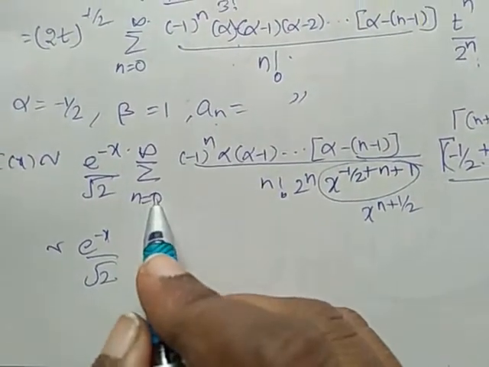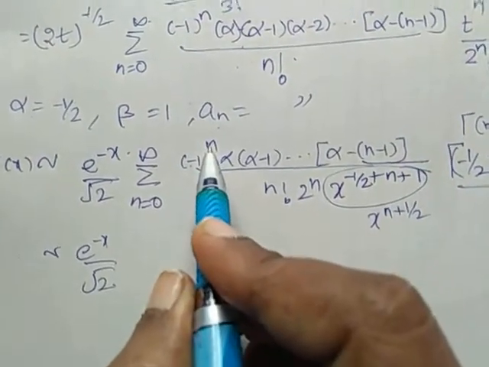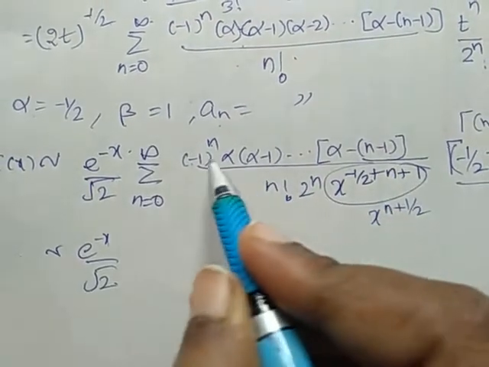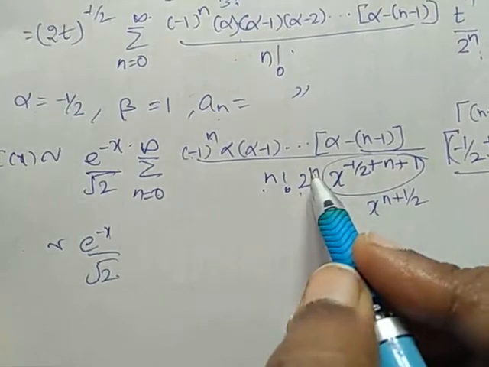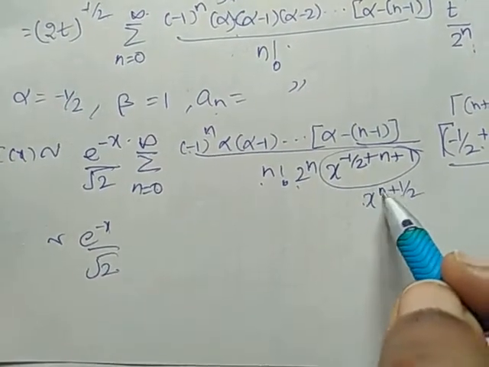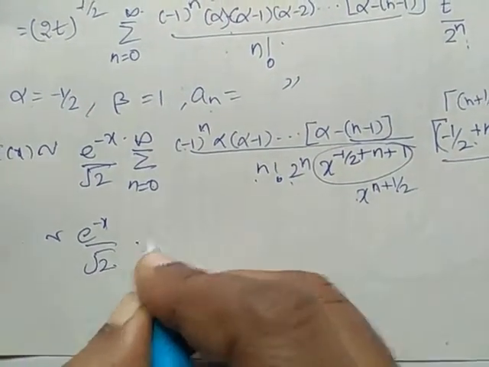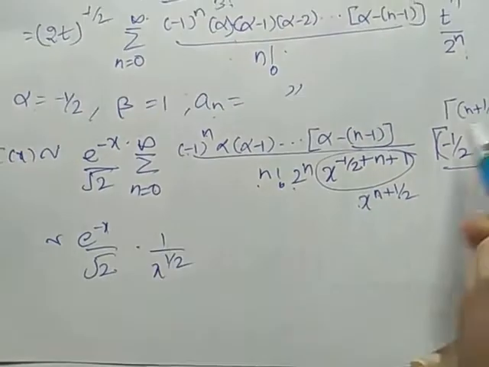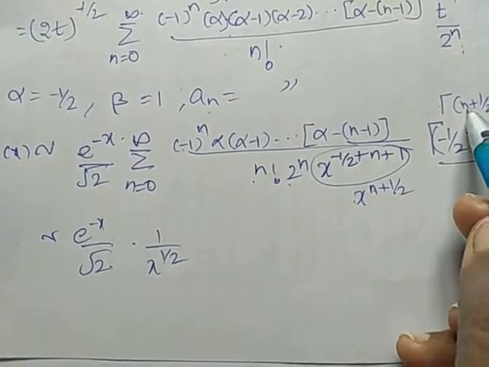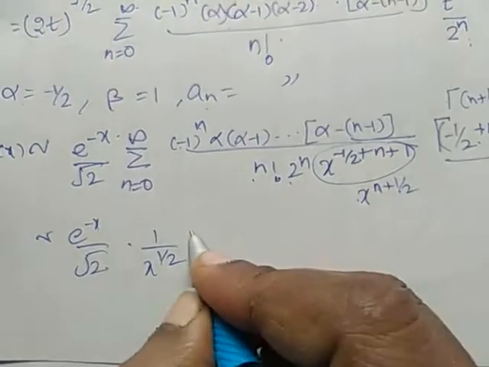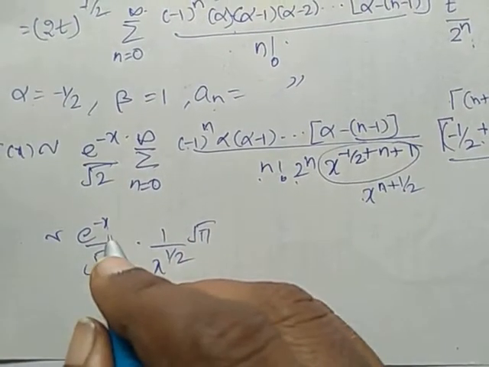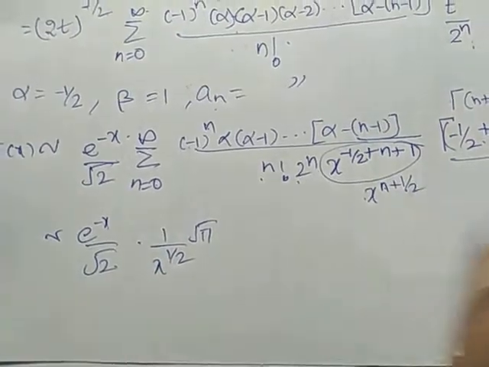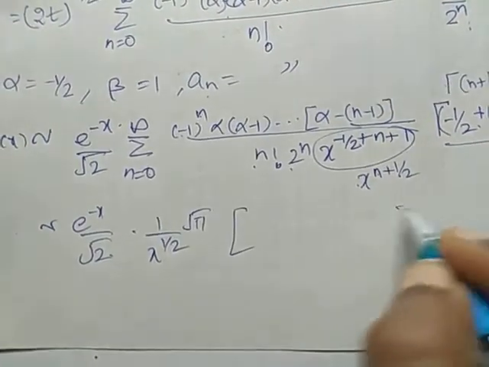When n is 0, 1 to the power 0 is 1, here we will not get any contribution. 0 factorial is 1, 2 power 0 is 1, x power 1 by 2, gamma of 1 by 2, right? So it is root pi. So this is our leading term. And when we substitute 2, 3, 4, etc., we will get all the other terms.